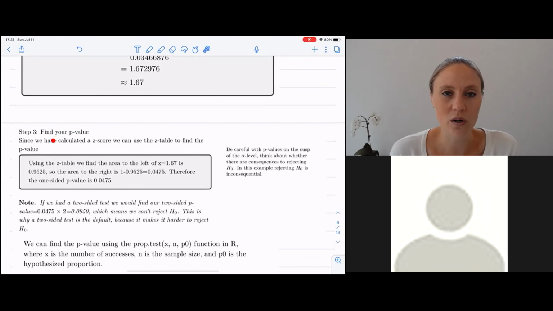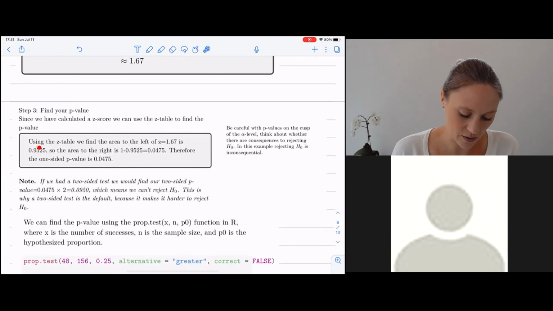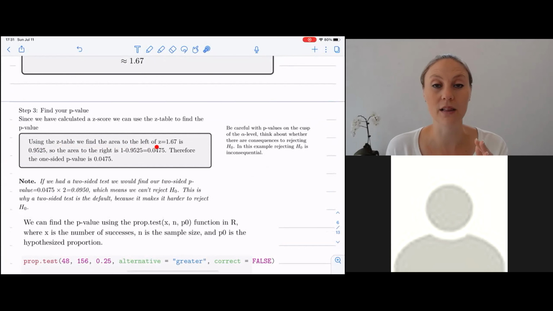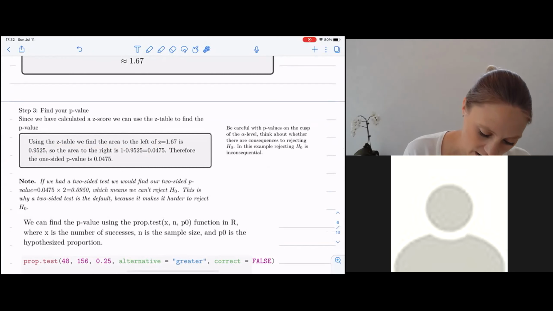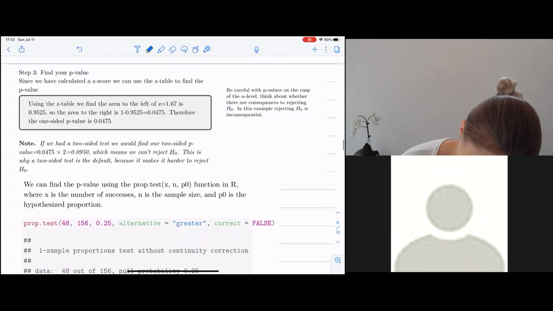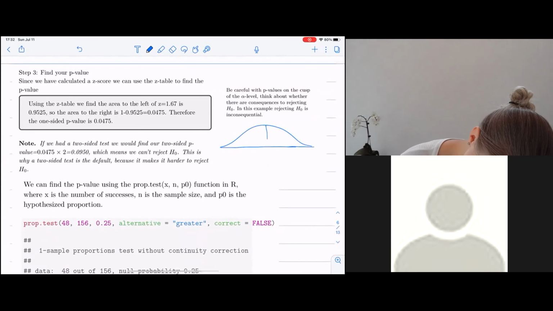We've got our Z score of 1.67, so now we have to find our p-value. We go back to the Z table. Using the Z table, we find the area to the left, remembering that the Z table only gives us the area to the left, right below 1.67. The area to the left is 0.9525, and maybe I'll just draw it out here. Our Z is centered on 0, and we found a Z of 1.67.